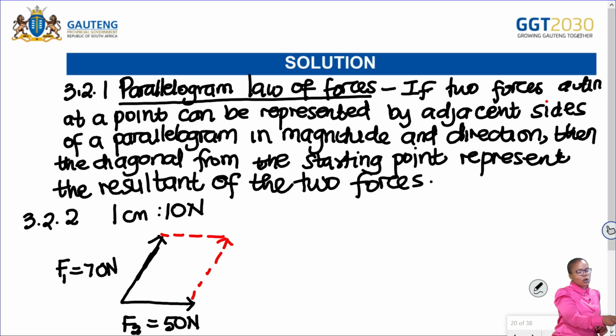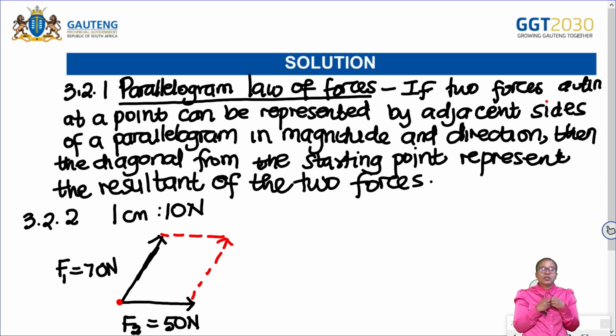So let's go back to the definition, or rather the law, and see how we used it. If two forces acting at a point, so you will find that your F1 and F2 were acting at a point. They met each other at this particular point. They can be represented by the adjacent sides. We've represented this, the adjacent sides, which are your F1 side and your F2 side, both in magnitude and direction, which is the reason why it is so important to use your scale when you are drawing these vectors.